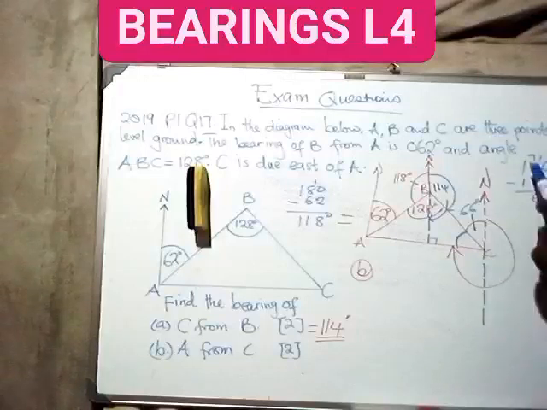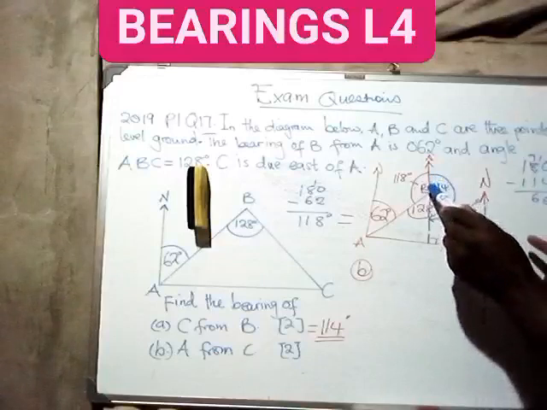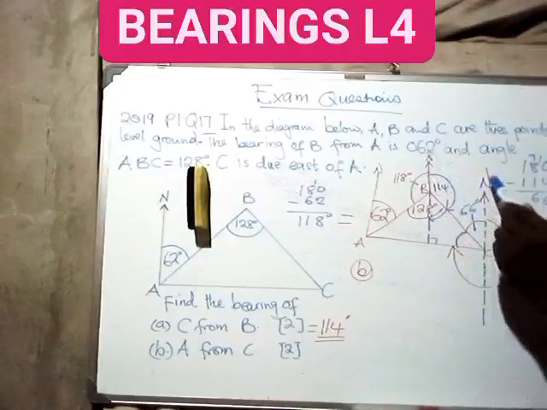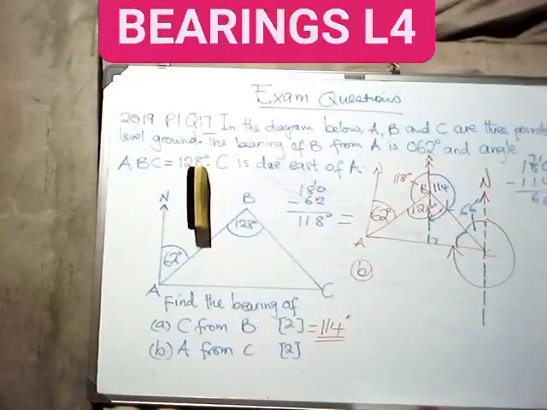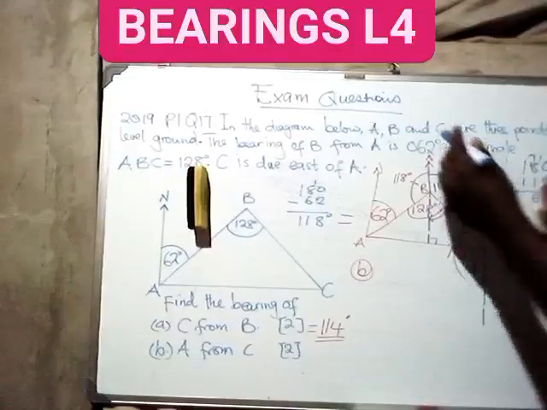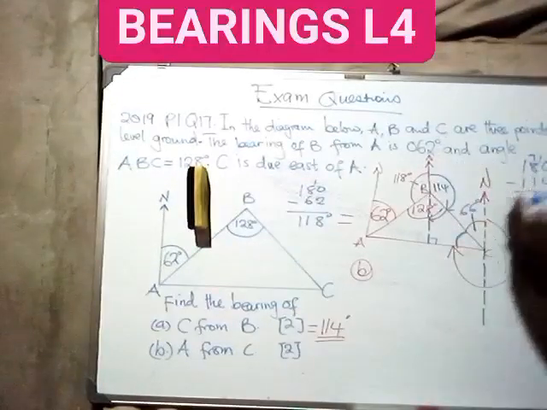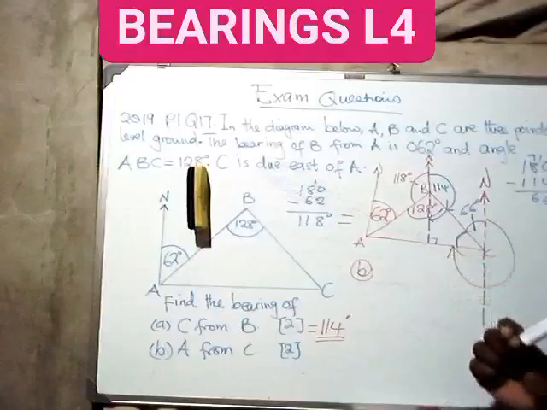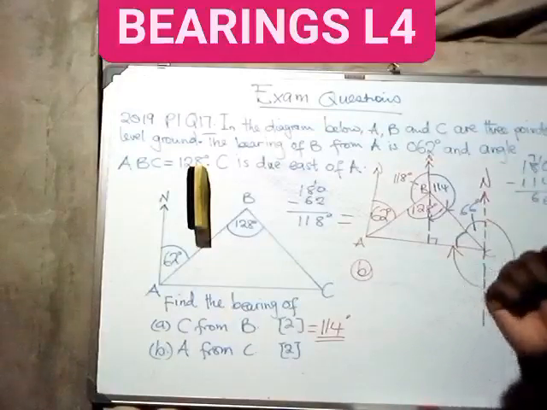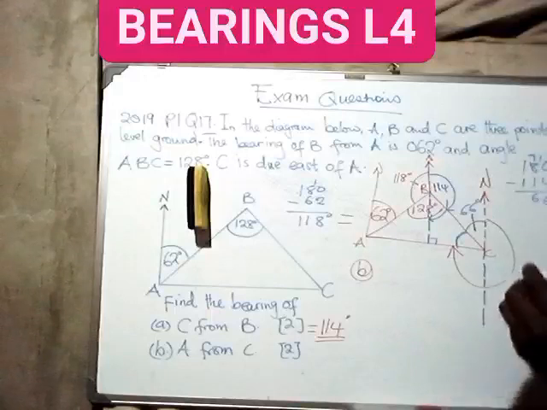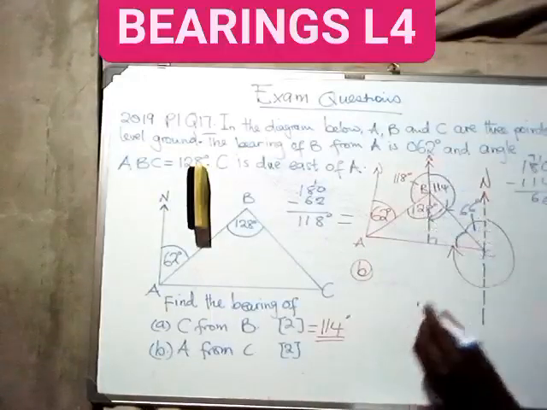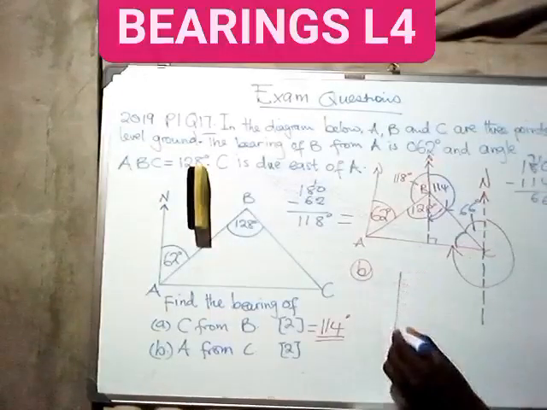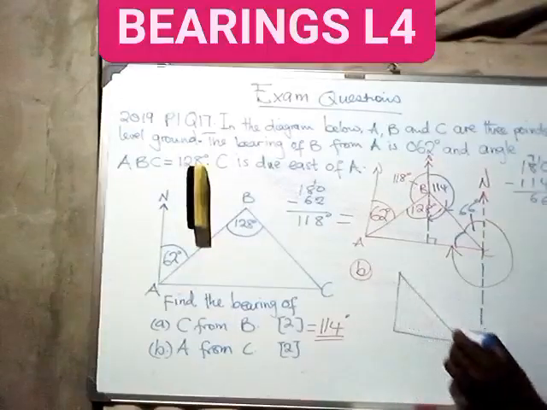The reason I said 180 minus 114 is that BN and CN are parallel lines to each other. When lines are parallel, the angles inside add up to 180. So now we have something like this.